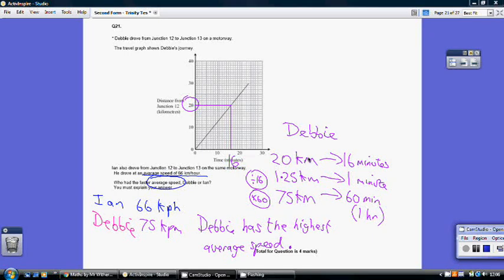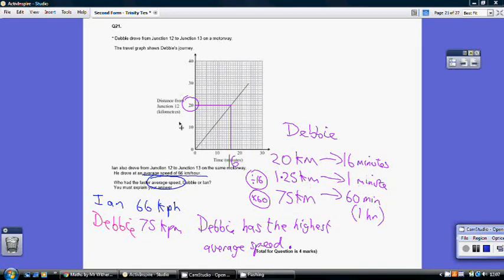So if I've gone 20 kilometers in 16 minutes, how far will I have gone in 1 minute? Well, I've just divided by 16, because this is a 16th of the time, so I will travel a 16th of the distance. That means I'm travelling 1.25 kilometers every minute. So in an hour, which is 60 minutes, I'm going to be travelling 60 times as far. 60 lots of 1.25 gives me 75 kilometres.